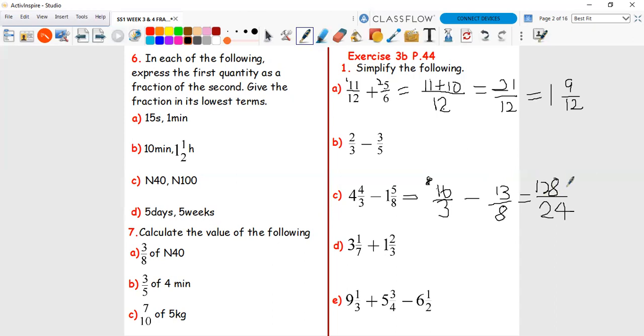Then minus, how many 8 in 24 is 3? So you write 3 here. 3 times 13, that is 39. And by the time you subtract this, you are going to be having 99, no, 89 actually. 89 over 24. Yes, that's what you'll be having.